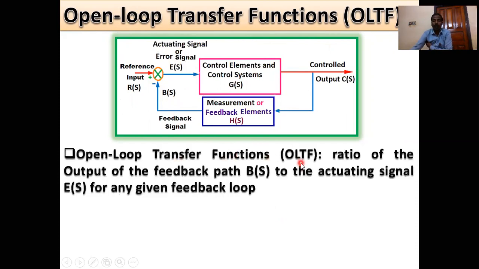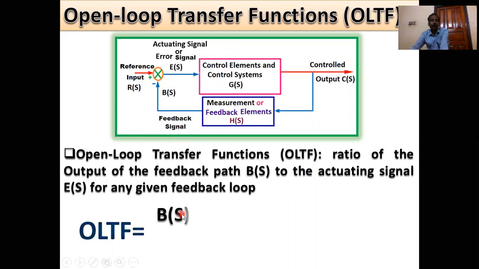The open loop transfer function, OLTF, is the ratio of the output of the feedback path B(S) to the actuating signal or error signal E(S) for any given feedback loop. So what is the open loop transfer function?